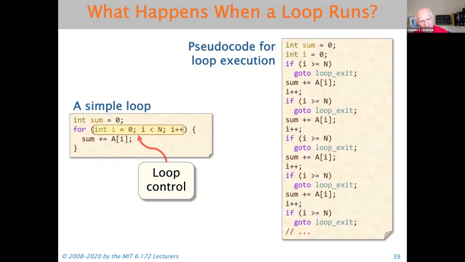Otherwise, it adds in A of I, it increments I, it checks to see if I is greater than or equal to N. If it is, it goes to loop exit, etc. So you can see that in addition to executing the body of the loop, it spends a lot of time executing loop control. It's not just the calculation of the sum, but also a comparison and test in the loop control. And that may not seem like much, but it can add up.